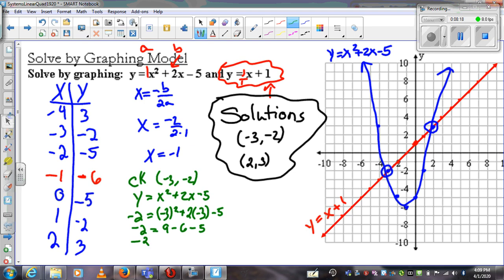So -2 is equal to 3 minus 5. -2 is -2. I also have to check it in the other equation. So that means -2 is equal to -3 plus 1. -2 is equal to -2. Checks. I have one more point to check.